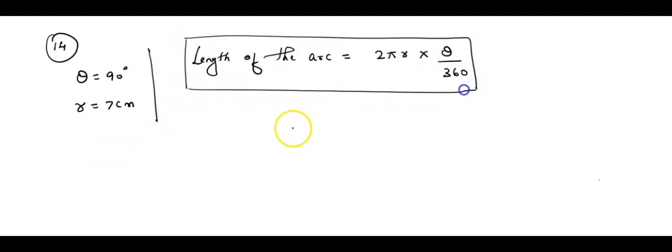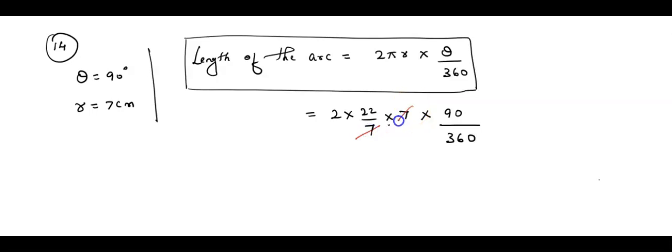That is equal to 2 into pi is 22 by 7 into radius is 7 centimeter into theta is 90 degrees divided by 360 degrees. Now we can cancel these terms. 7 and 7 cancel, 0 0 cancel. 9 1s are 9, 4 2s are 8, 2 1s are 2, 2 11s are 22, so here the final answer is 11 centimeters.